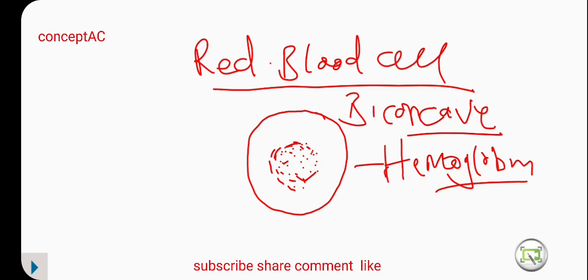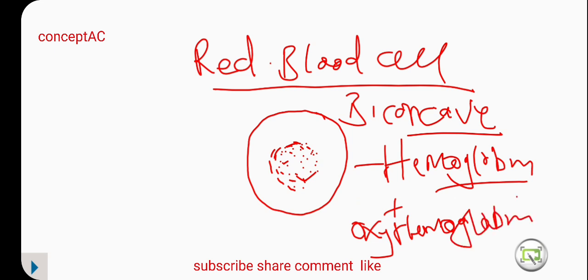When hemoglobin combines with oxygen, it forms oxyhemoglobin. It doesn't have a nucleus. Hence, since it doesn't have a nucleus, it leaves space so that more hemoglobin can be accommodated in the red blood cells in order to carry more oxygen.